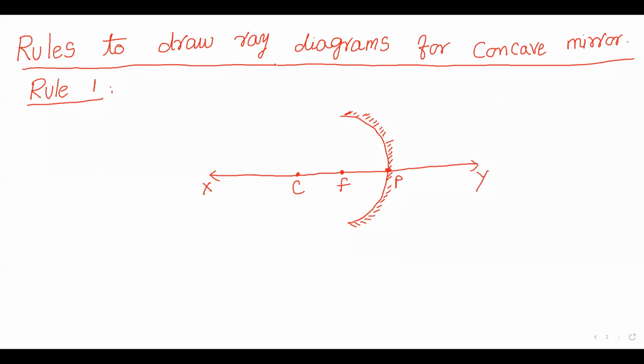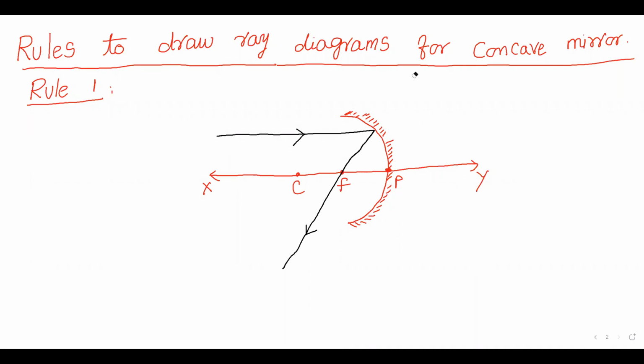Now the first rule says that any ray parallel to the principal axis, after reflection, it passes through the focus. This is the first rule. If the ray is parallel to principal axis, after reflection, it will pass through focus.